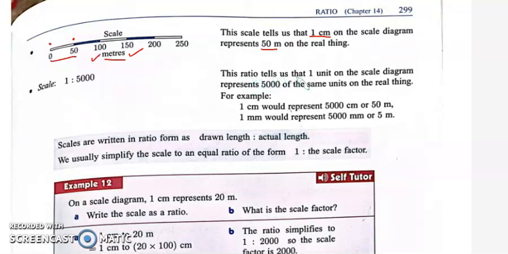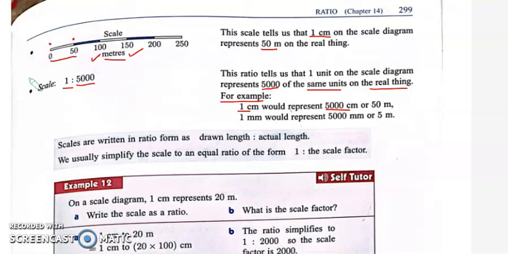This ratio tells us that 1 unit on the scale diagram represents 5,000 of the same unit on the real thing. For example, 1 centimeter would represent 5,000 centimeters.